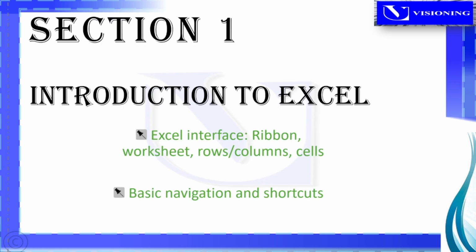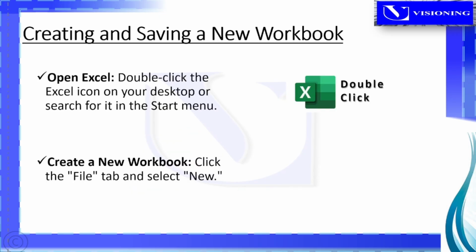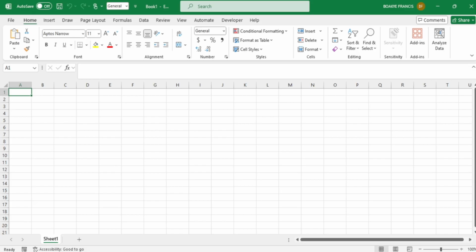Now let's move to the introduction, where we are going to explore much on the interface of the Excel, being the ribbon, the worksheets, the rows and columns, and also the cells. And we will also talk about the basics, navigation, and shortcuts. So now let's move on to how Excel looks like.